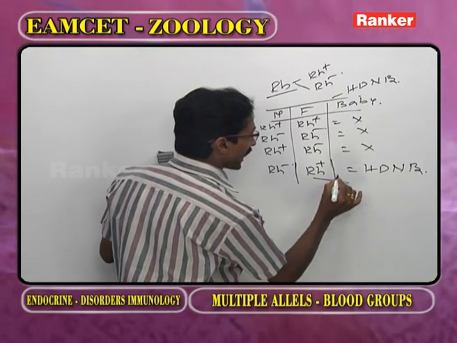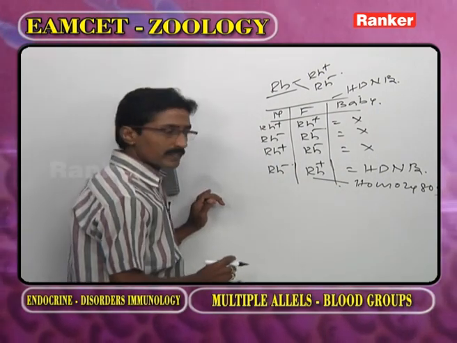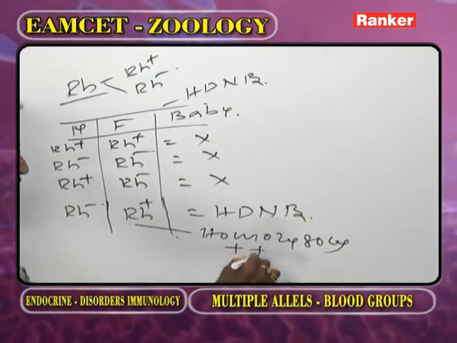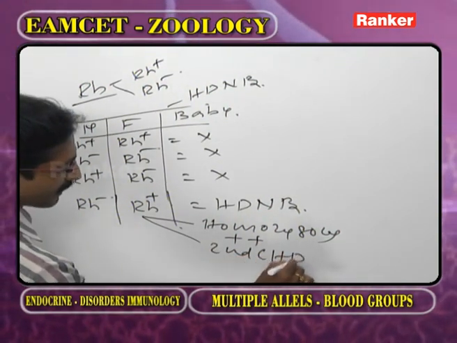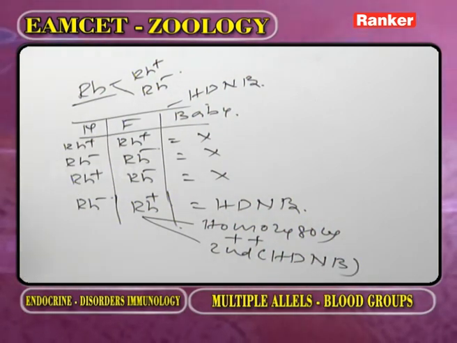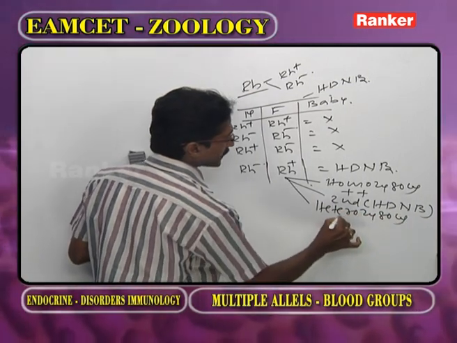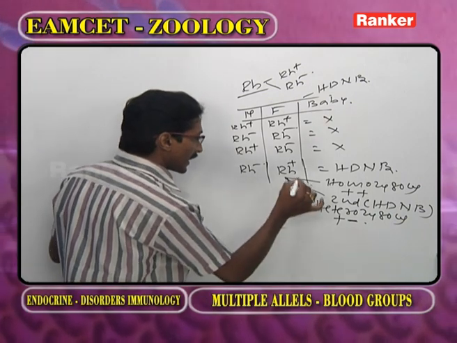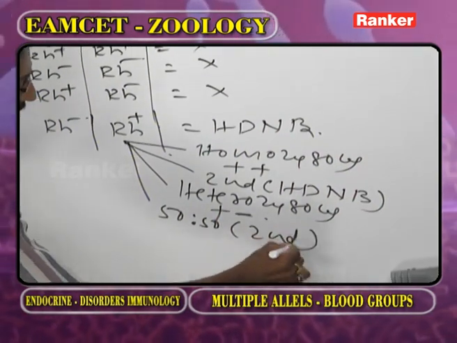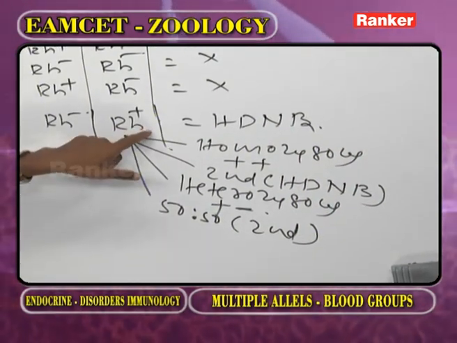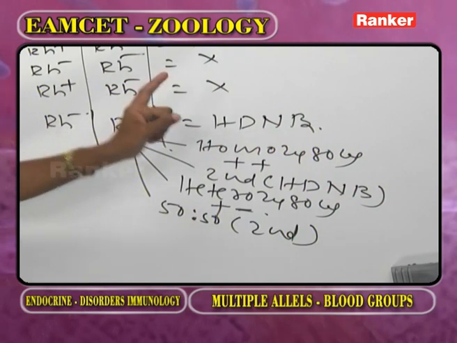If the father is homozygous for Rh antigen, no doubt the second child definitely gets HDNB.